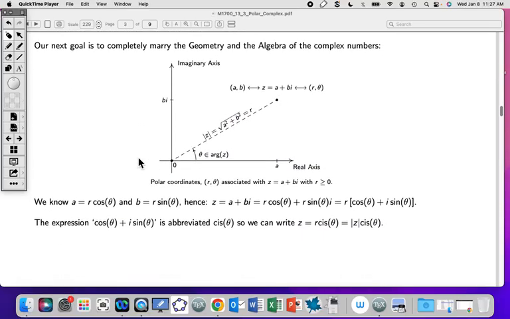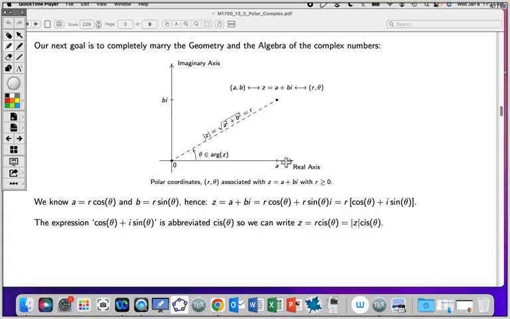So what we want to do now is further solidify the connection between this polar form and the rectangular form. So going back to polar coordinates, we've got a point (a, b) in rectangular coordinates and a point (r, theta).